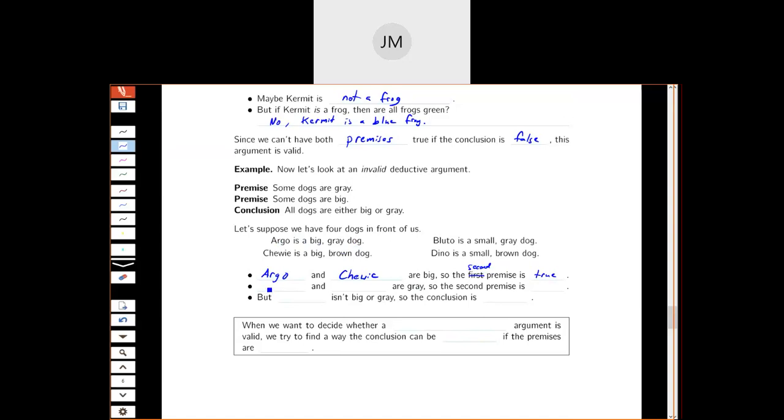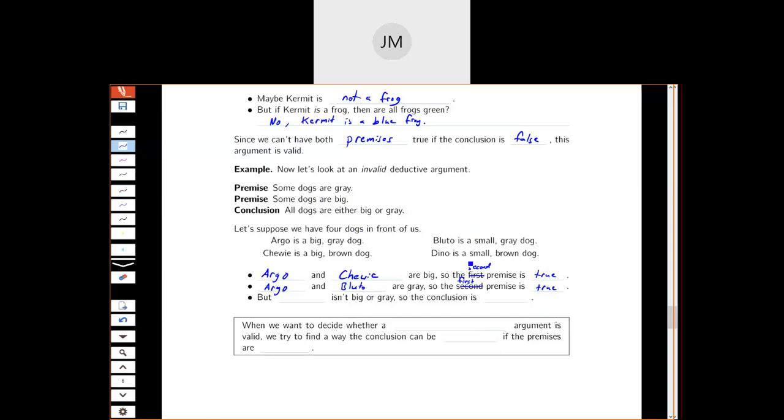Argo is a gray dog. Bluto is a gray dog. So Argo and Bluto are gray, so that first premise is true. So my premises are both true in this situation. It's possible to have both premises true.